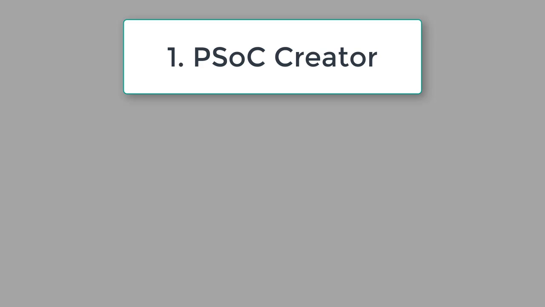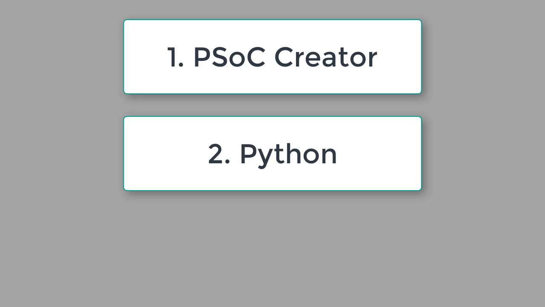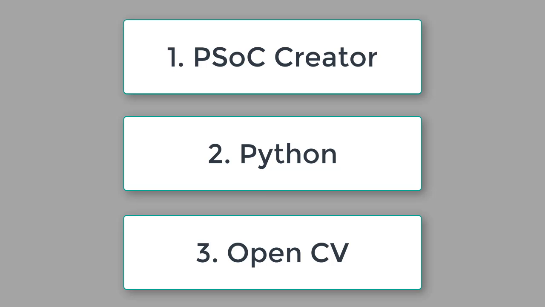So far, we've had an introduction to robotics and we've gotten our kit set up. Next, we need to get our computer set up. In this class, we will be using 3 software packages. PSOC Creator, which we will use to program the PSOC microcontroller, Python, a programming language we can use to program the computer itself, and OpenCV, a software library for doing machine vision.